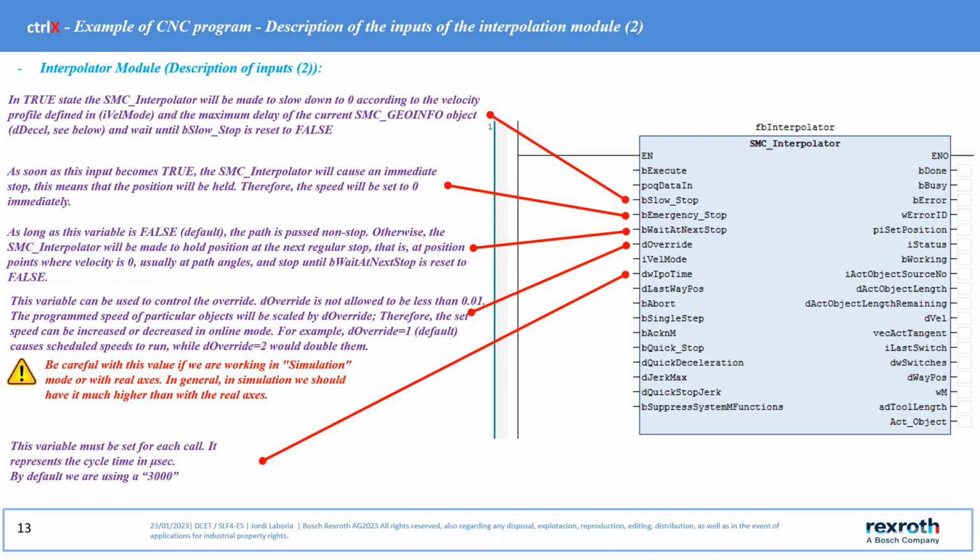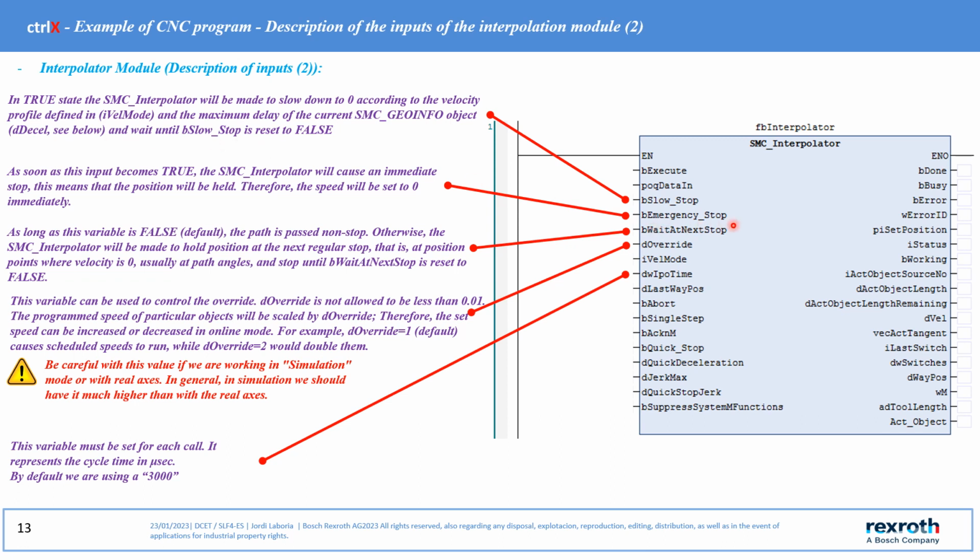Interpolator module. Descriptions of inputs. B slope stop: when true, the SMC interpolator will be made to slow down to 0 according to the velocity profile defined in eval mode and the maximum delay of the current SMC geoinfo object, and wait until B slope stop is reset to false.